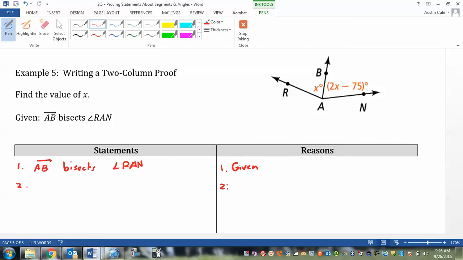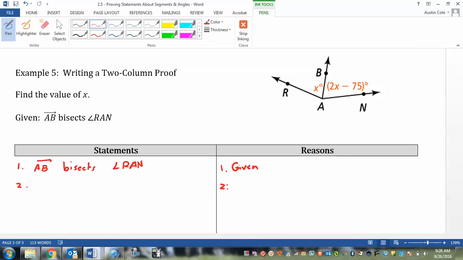What do you think? Angle RAB is congruent to angle BAN. Good. I like that. And I would just say angle in front. Listen to Rachel here.